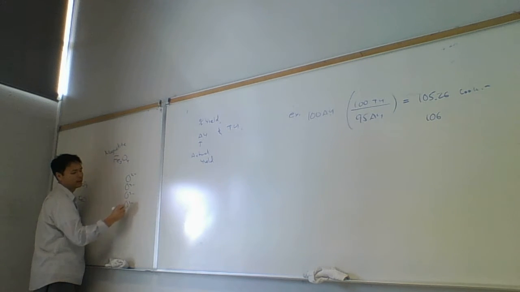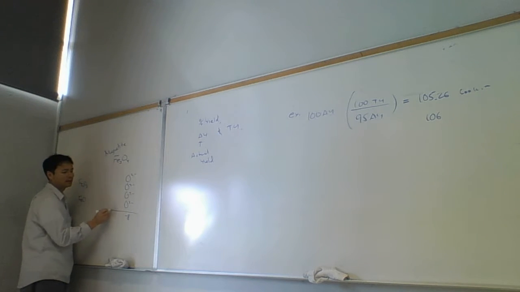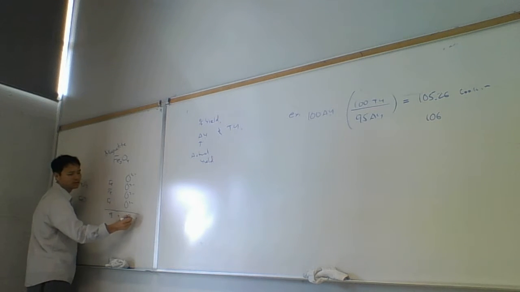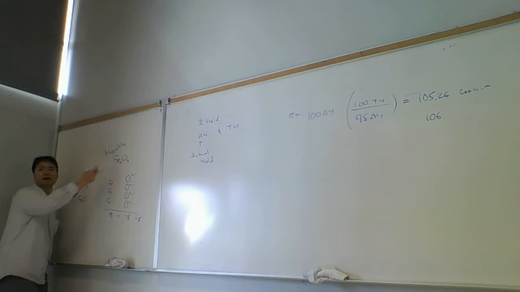We have 4 oxides, each -2, so this gives us -8. How many irons do we have? We have 3 irons. These 3 irons cumulatively have to give us +8, because +8 plus -8 is going to give us 0, the charge on the compound.